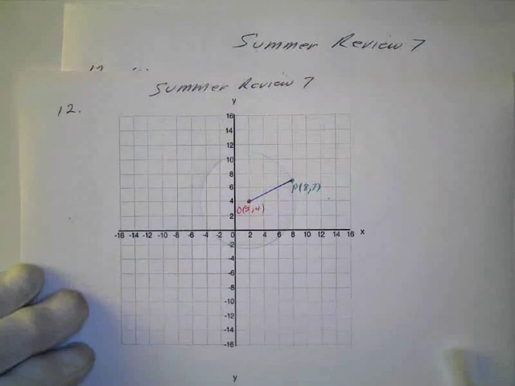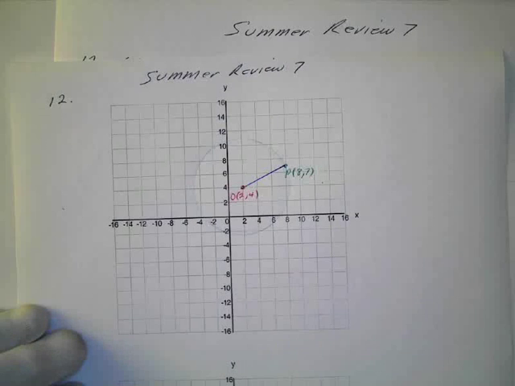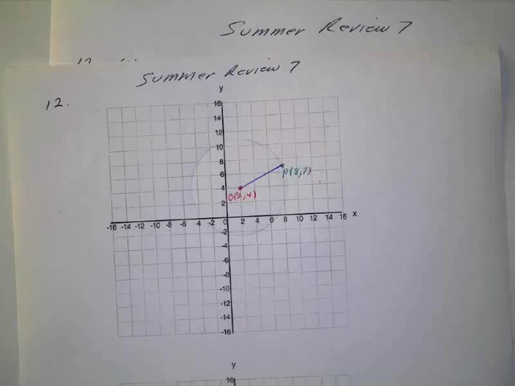All right. And then this is the radial segment, so we want to find the length of that radius. So we just want to find the length of this segment, which is basically the distance between these 2 points, so we can use the distance formula. So what's the distance formula look like?